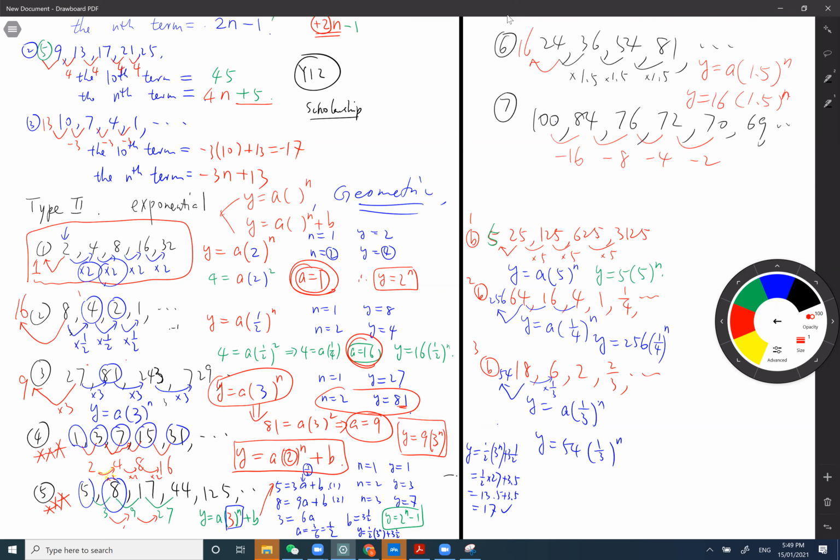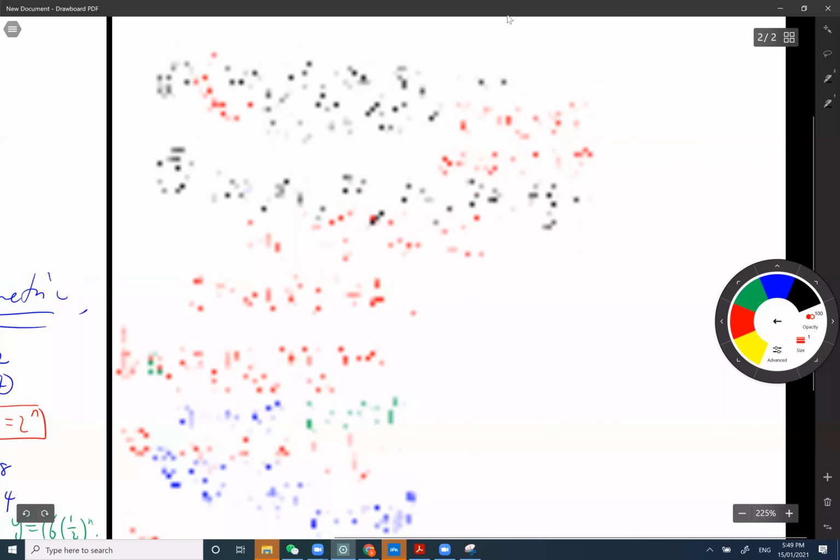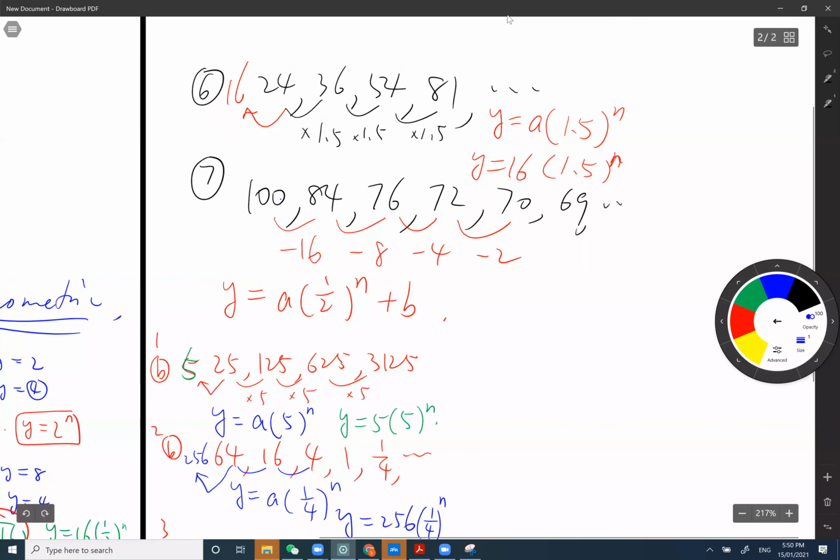So we just check if we can do this: a times half to the n, plus b. Let's check if we can really solve it. If n equals 1, we got 100: a half plus b. If n equals 2, we got 84: a quarter plus b.